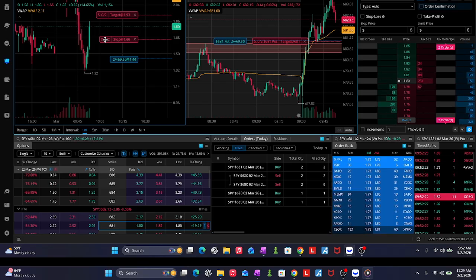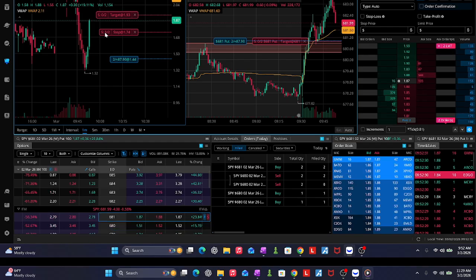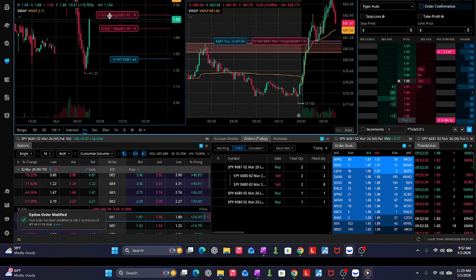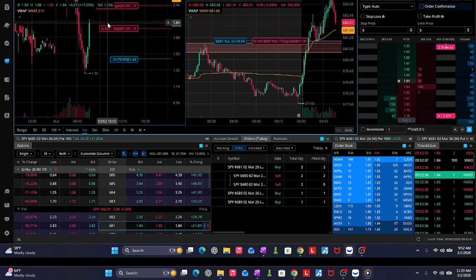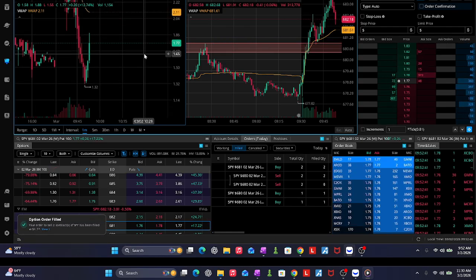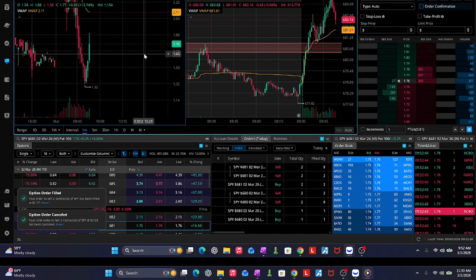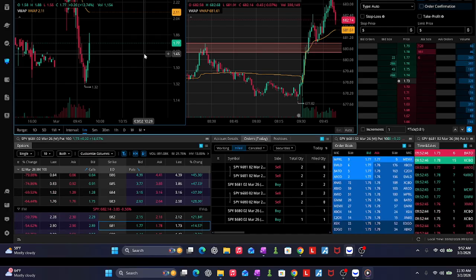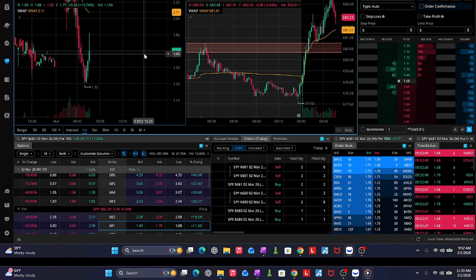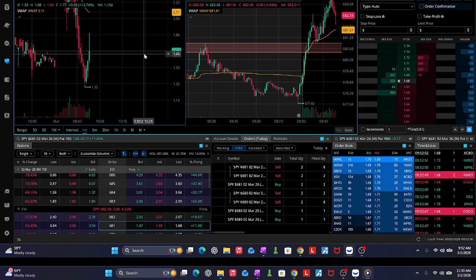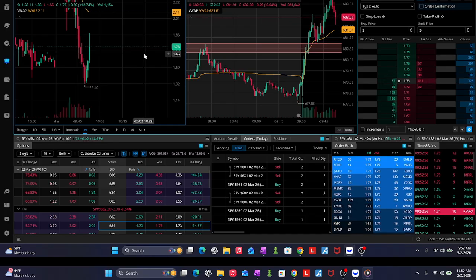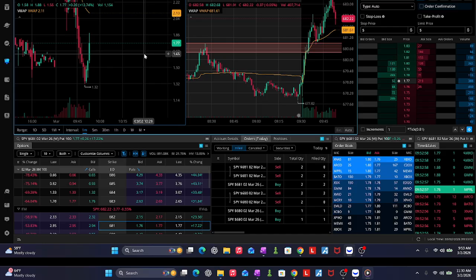I tend to go for that 3-to-1. I'm up 4-to-1, 4.5-to-1, 4-to-1. And I get stopped out for a 3.2 to 1. I think the way I managed this trade was pretty fair.